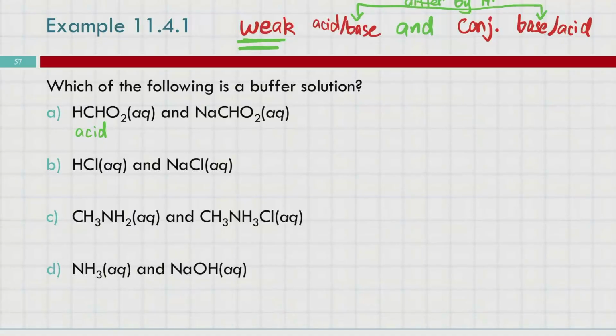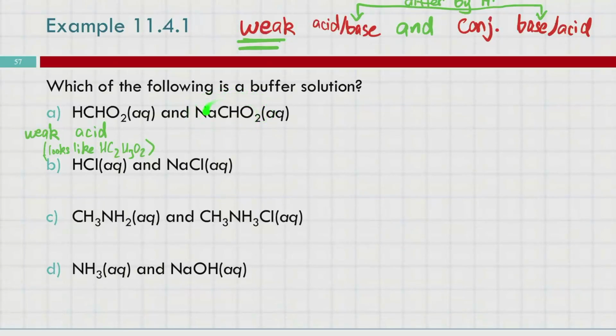It looks kind of like a different acid that we know is a weak acid. This is a weak acid. It looks like acetic acid, HC2H3O2, which is one of the ones that we need to memorize for weak acids.